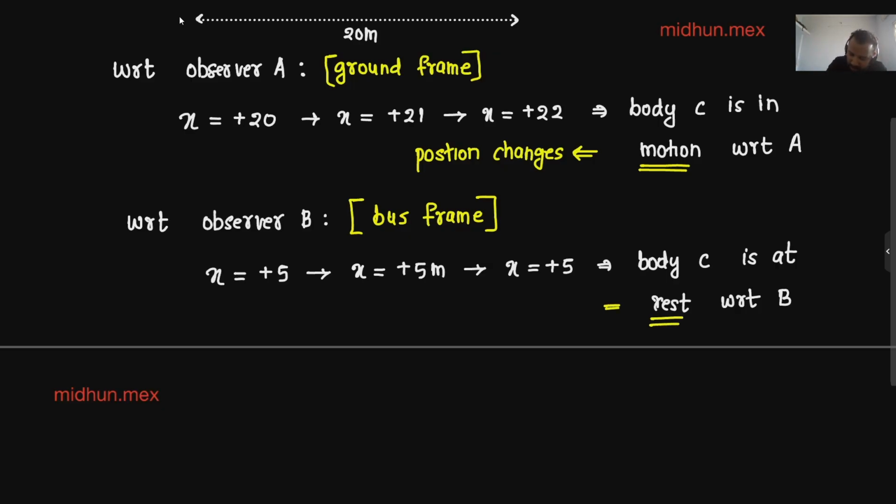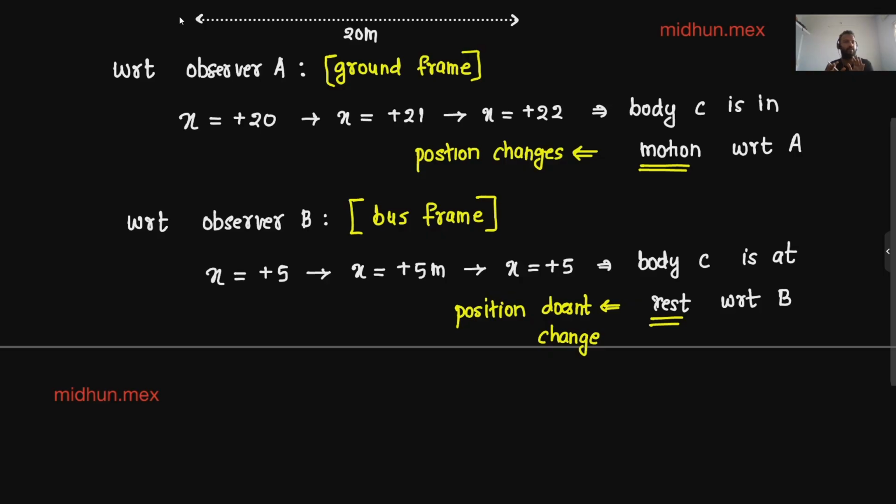Rest means what? Position should never change. That is called a rest. So position doesn't change. No change in position, and that simple idea we call by the name rest.